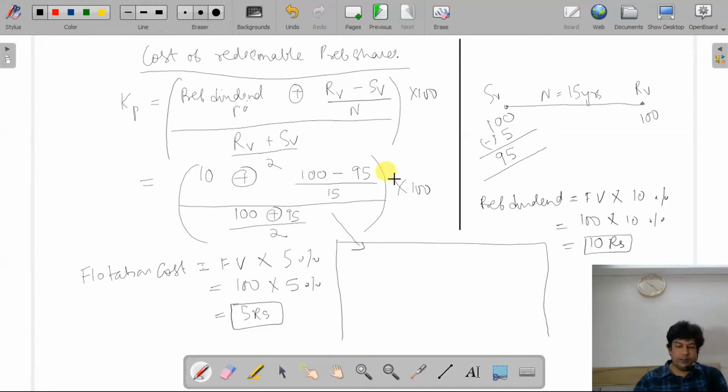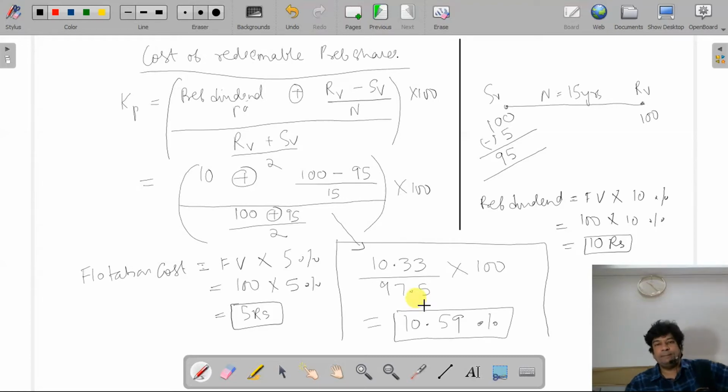So 100 minus 95 is going to give me 5 divided by 15 plus 10. So I'm going to get 10.33 upon, and 195 I'll divide by 2, so it will be 97.5, and this entire thing into 100. So 10.33 divided by 97.5, in percentage, I'm going to get 10.59%, and this would be the cost of the preference shares.